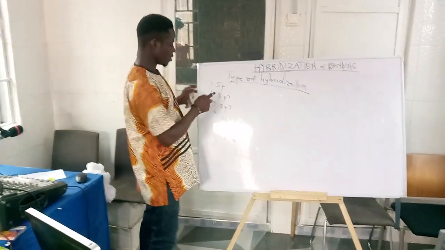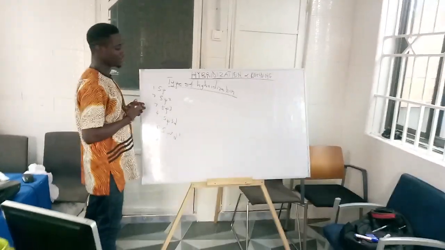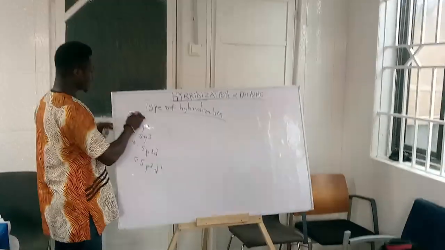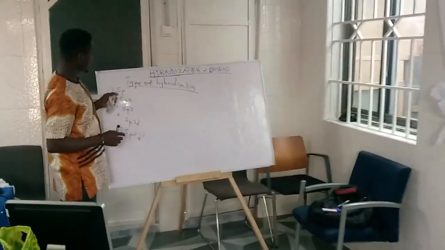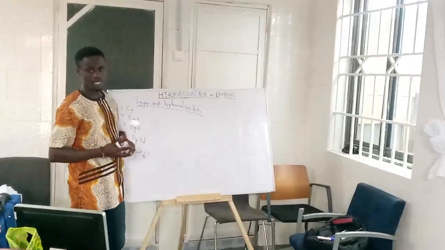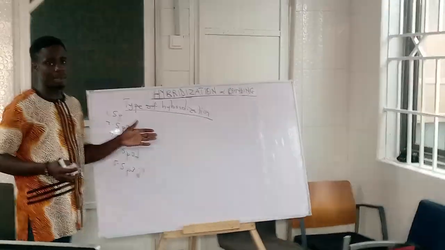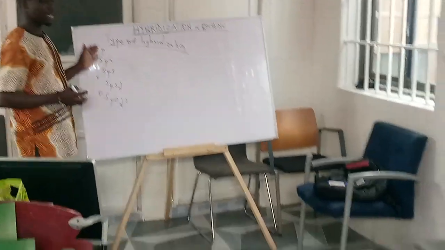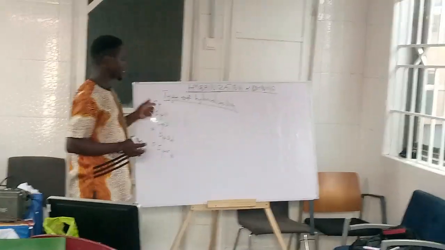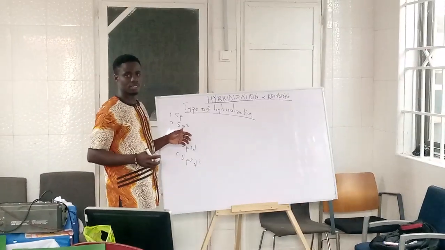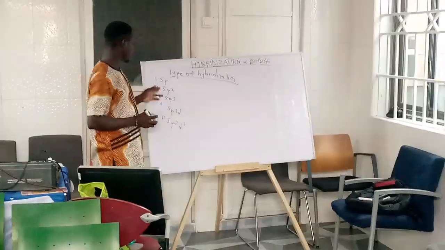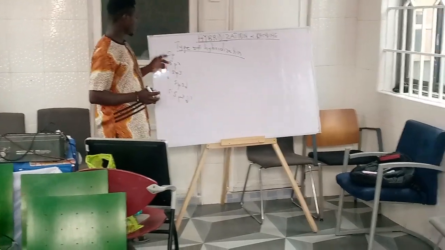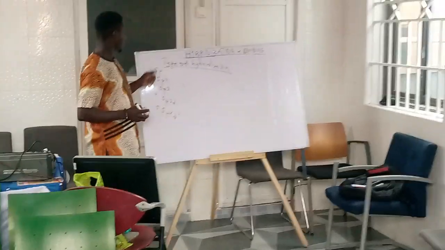Under sp hybridization, we are able to state emphatically that it is formed as a result of mixing an s orbital with a p orbital, from which two hybrid orbitals are formed. The bond angle is 180 degrees, and the shape of sp is linear.